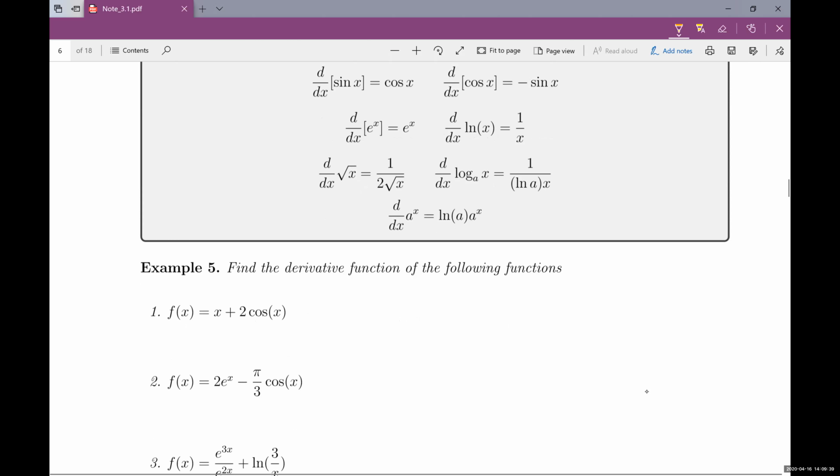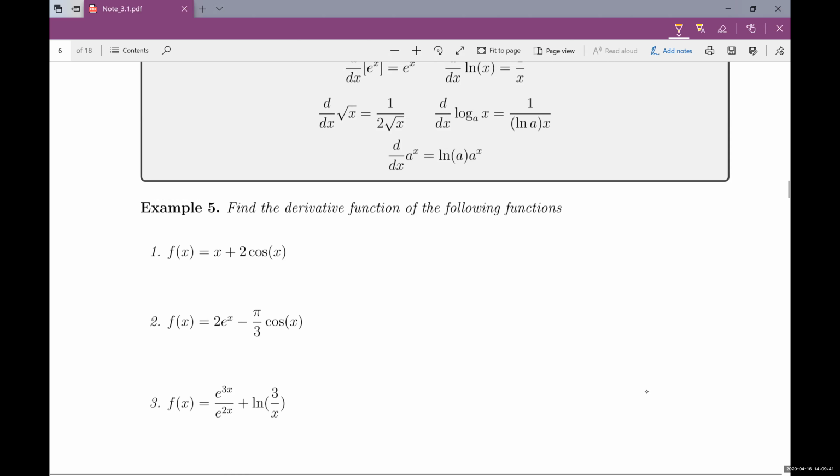All right, so now we can start doing more examples on how to find the derivative of slightly more complicated functions. First we have f of x equals x plus 2 cosine x. That means the derivative, f prime of x, equals the derivative of x plus the derivative of 2 cosine x.